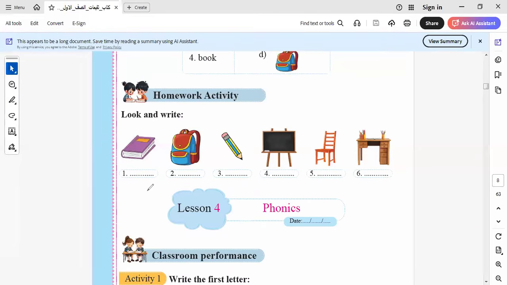Here is book. Here is bag. Here is pencil. Here is board, as we know during the lesson. Here is chair.